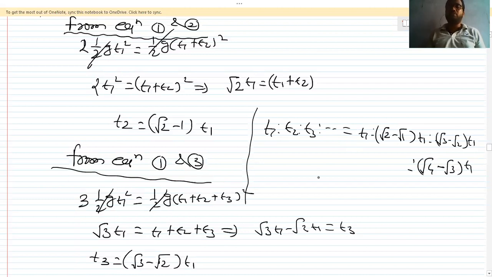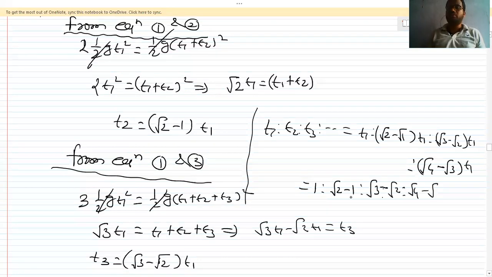So you will get the ratio as 1 is to root 2 minus 1 is to root 3 minus root 2 is to root 4 minus root 3. So this root you can write 1, and this is the answer which we have. Root 1 and 1 is the same only.